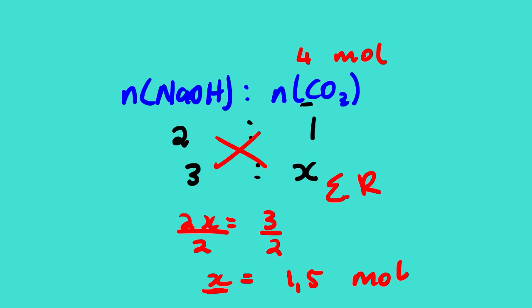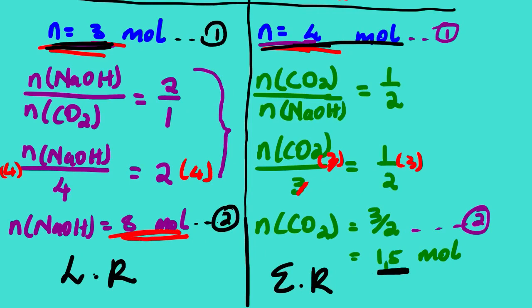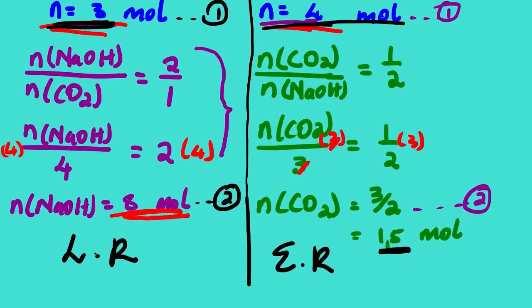Or another method which will make things clear, like I said, we have the first number of mole and the second number of mole. We can conclude from this by using this equation.